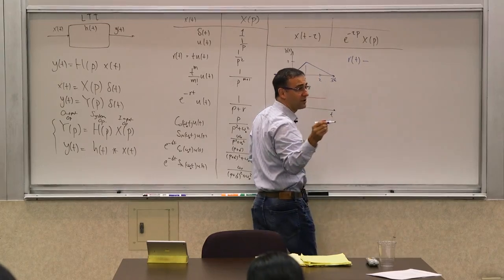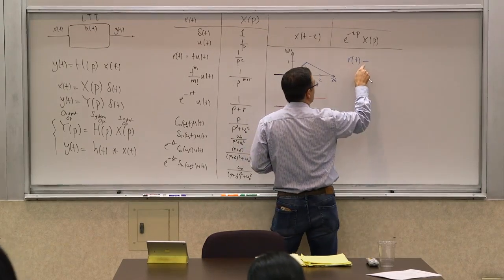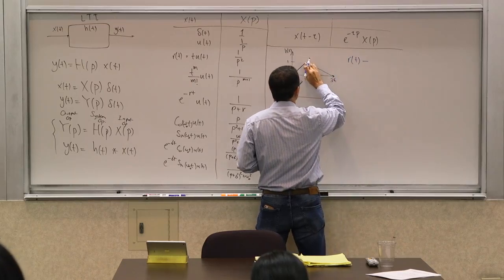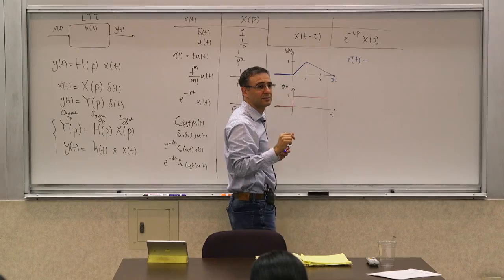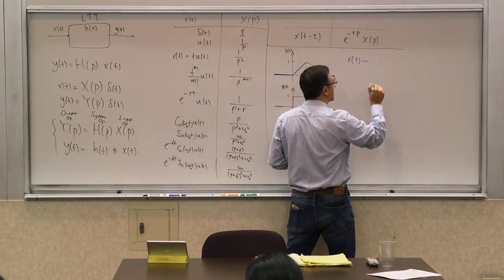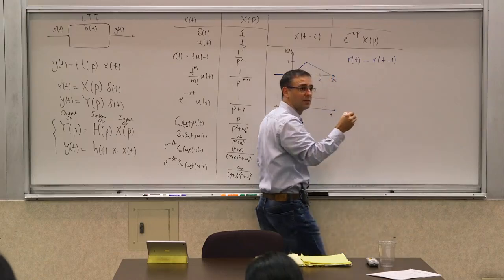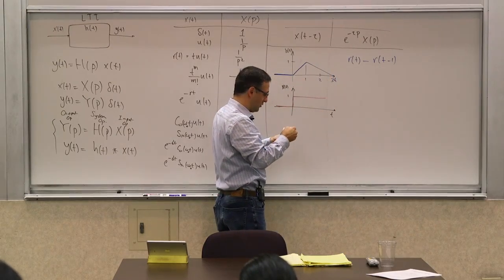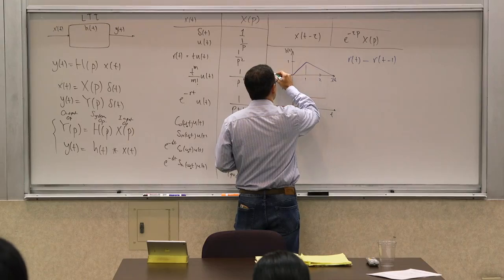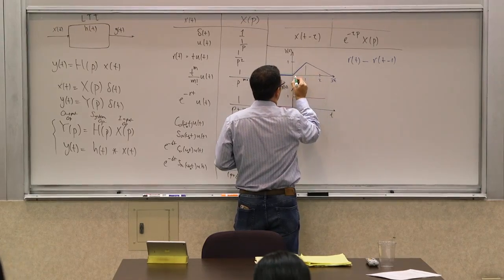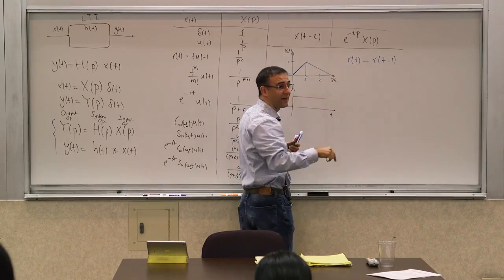So at this point, if you want it to start becoming flat, what did you need to subtract? r of t minus 1, right? I'm expressing this as this plus that, to get it flat.